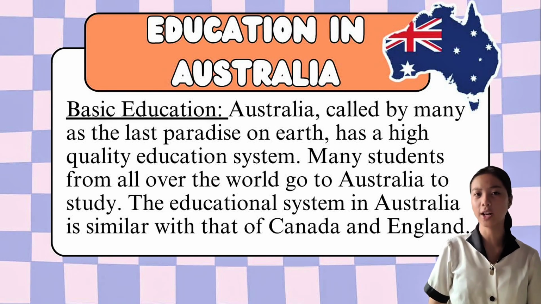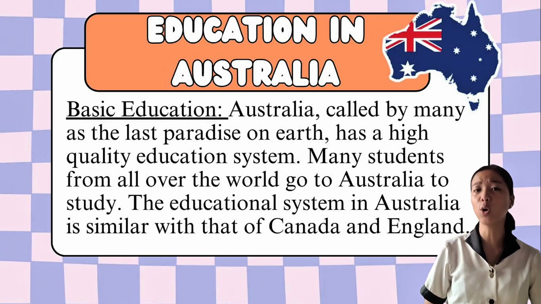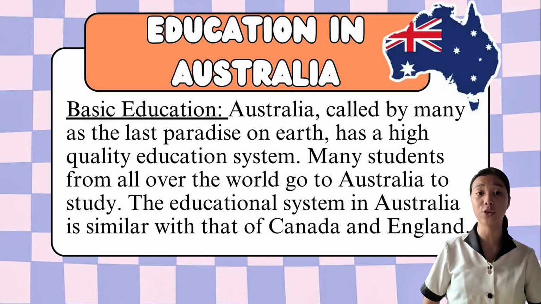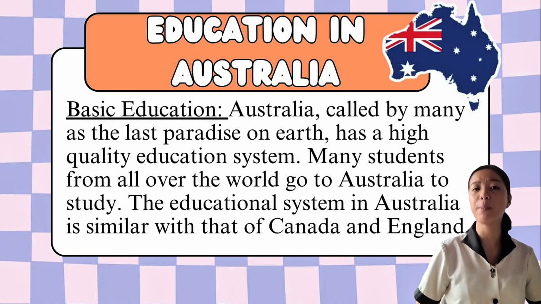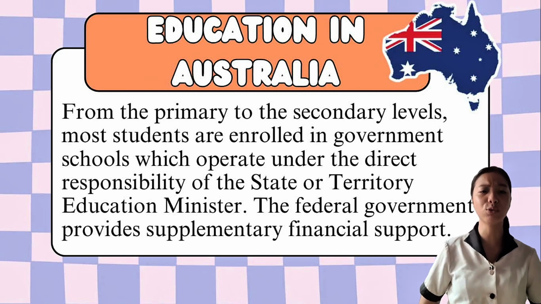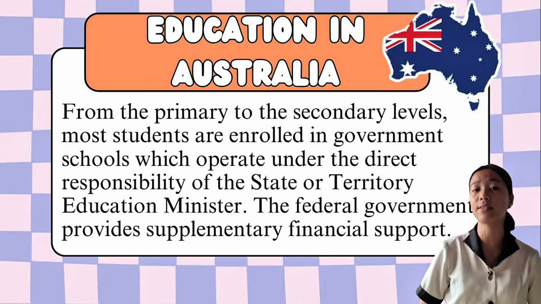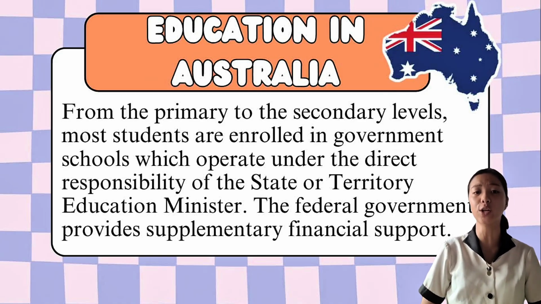Education in Australia. Let's start with Australia. Australia is known for having a high quality education system, which is why many international students choose to study there. Most students from primary to secondary level are enrolled in government schools managed by state or territory education ministers with support from the federal government.